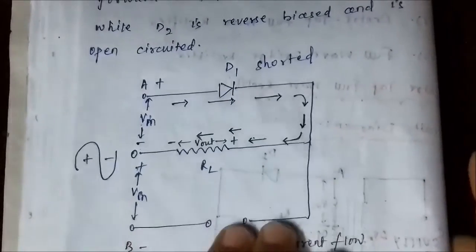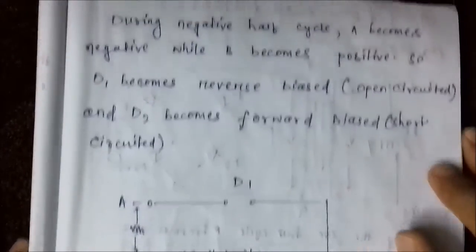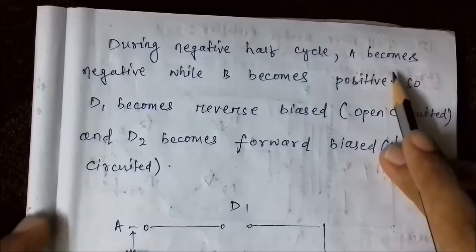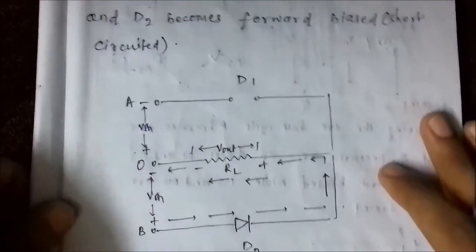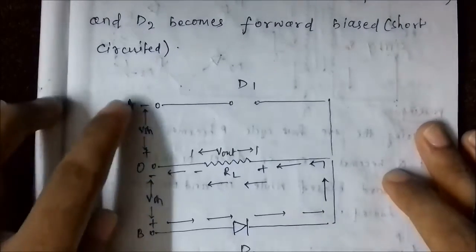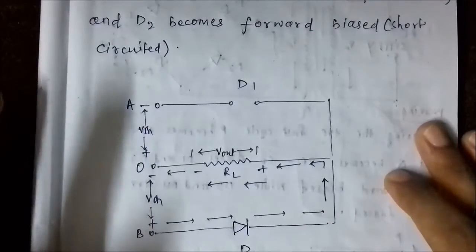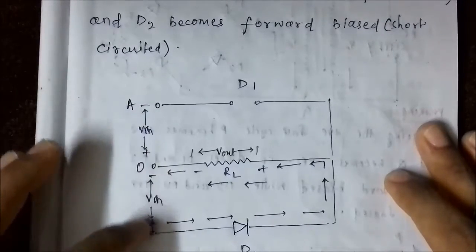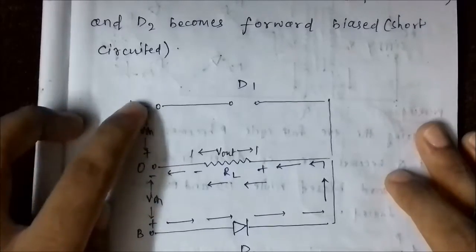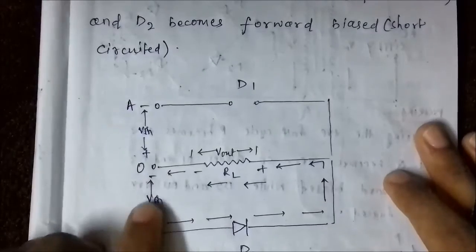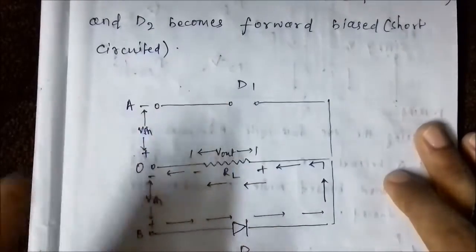Now during the negative half cycle, the opposite happens. The end A of the secondary winding becomes negative, while the end B becomes positive. The same thing happens: the reverse voltage at the winding divides itself equally at the center tap point, minus plus voltage Vm here. It divides itself equally.